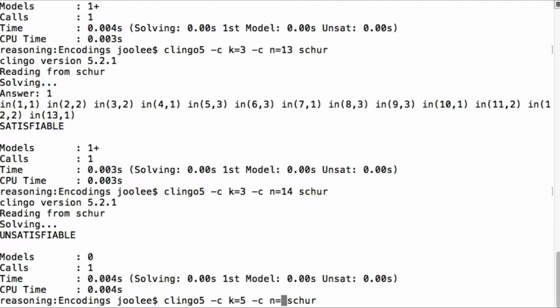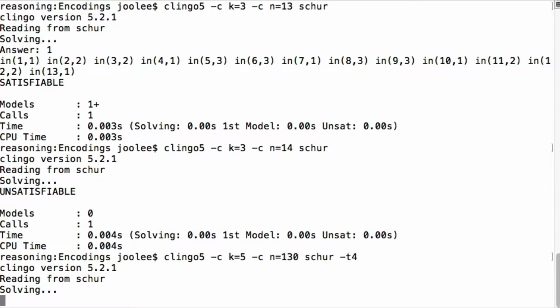Okay, so let me explain. So here, this is 130. To check whether Schur number 5 is at least 130, let me type this one, which is to generate 4 threads so that you can do parallel processing. And let's see how long it will take.